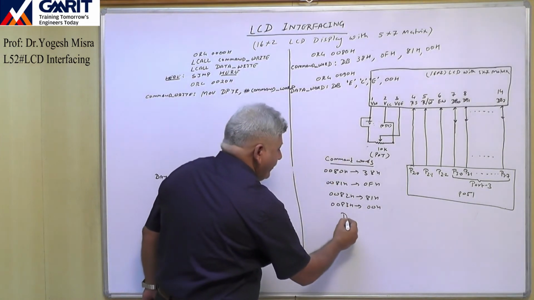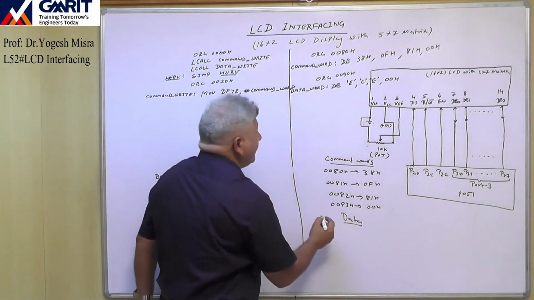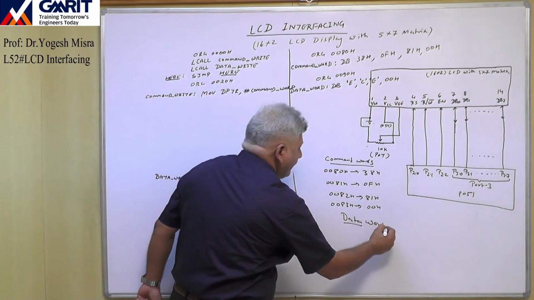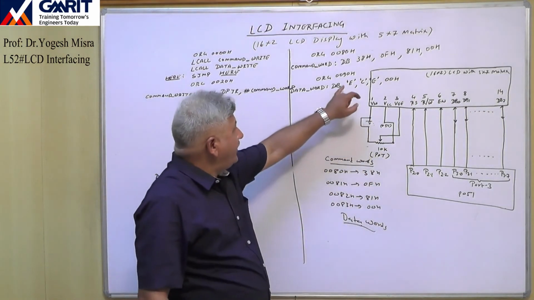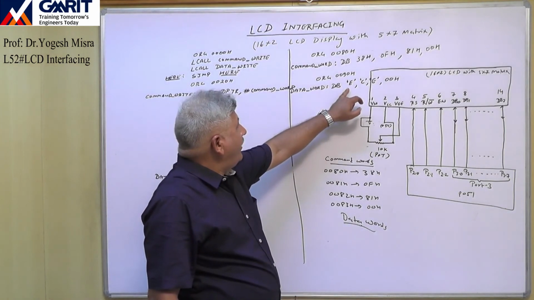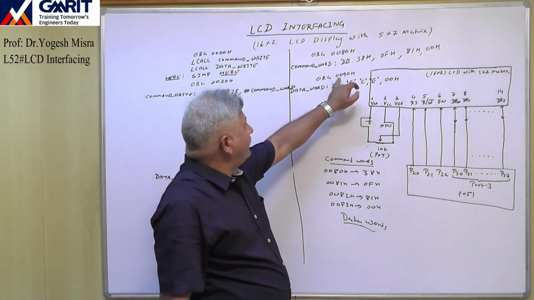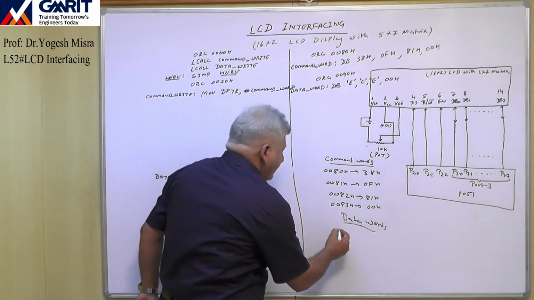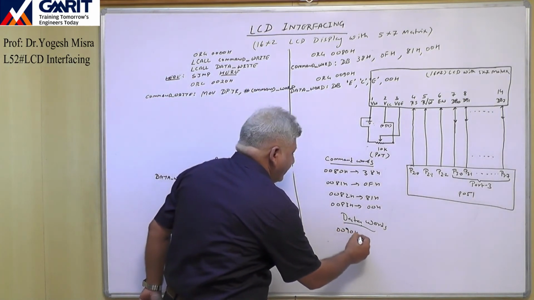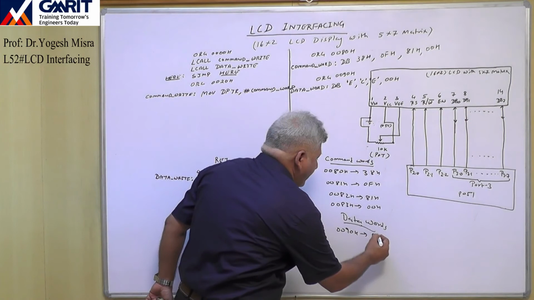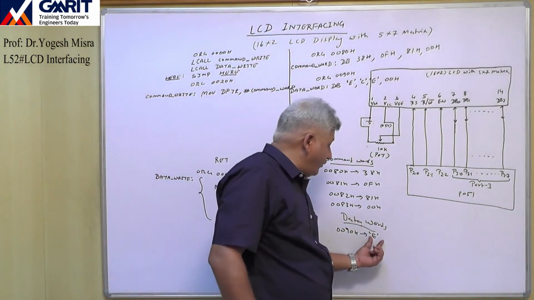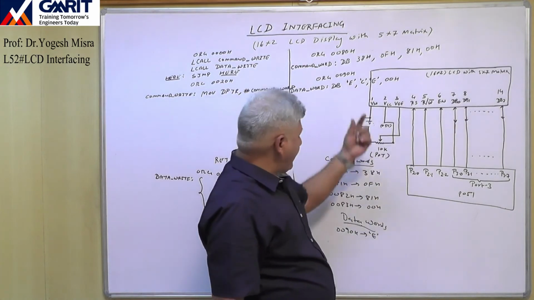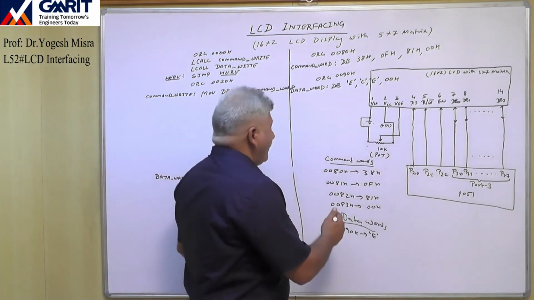And the data which we want to display, the data words, are E, and this E is at location 0090H. The 8-bit ASCII code, the binary code of E, will be at location 0090.